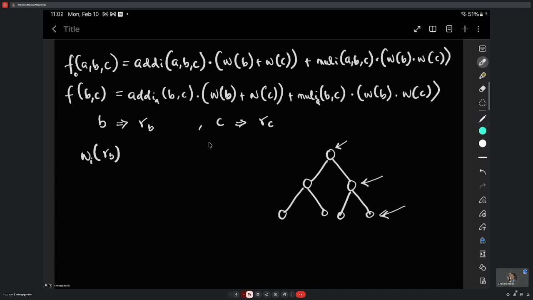And since we have two claims, which are WI evaluated at RB and WI evaluated at RC, these are two different claims on the WI layer.